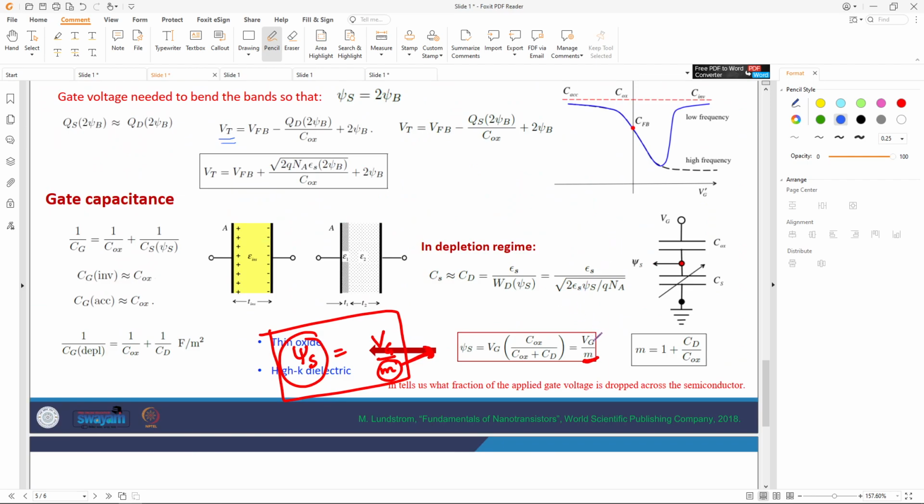So from this, we get a very important parameter. Now there are two capacitances. When we are charging the device, this is essentially the arrangement of the device. So CS is in the body.